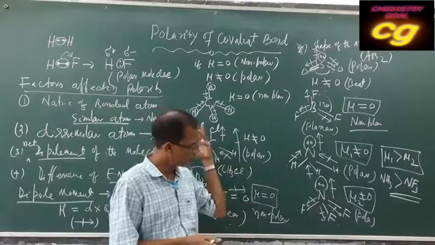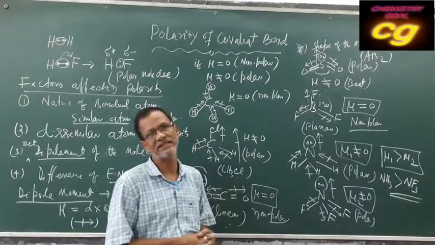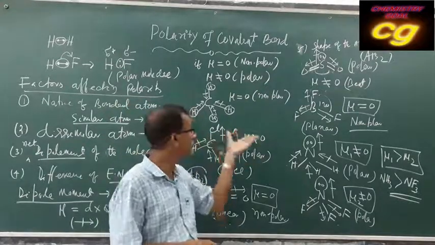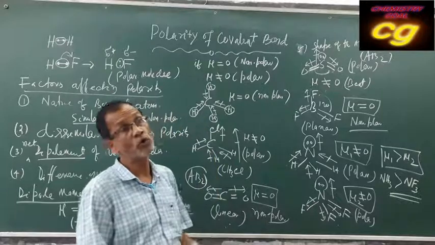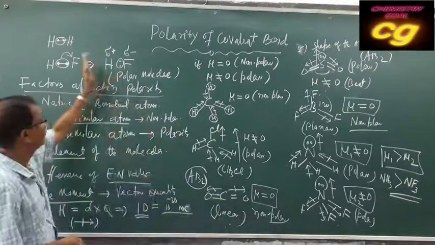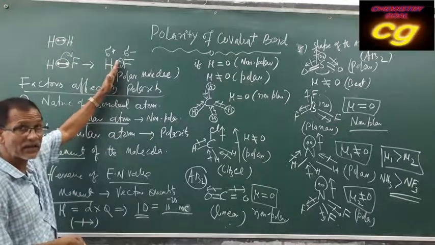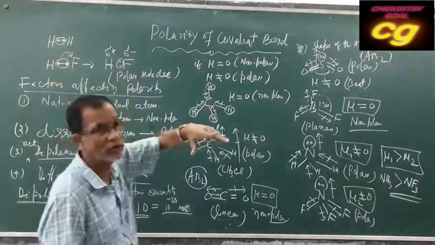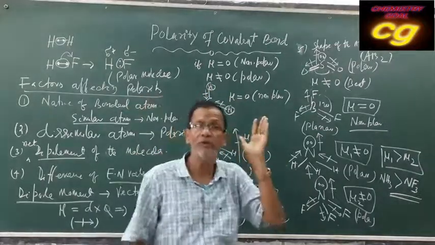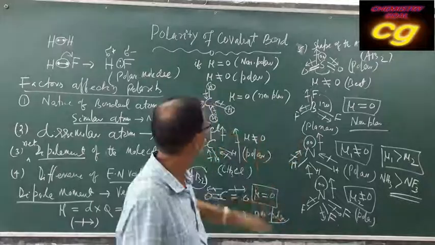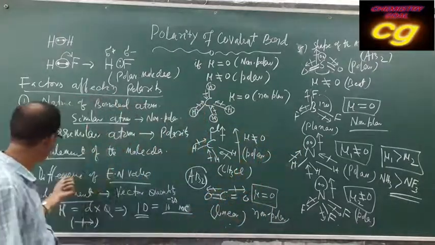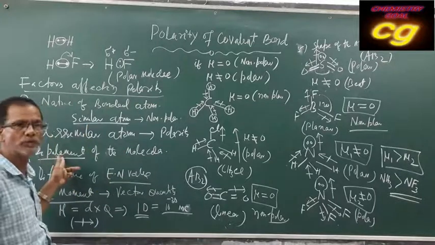So covalent compounds have a directional character. The conclusion we can draw is that covalent bonds have a directional character, like HF, where the shared pair of electrons is shifted towards fluorine. But an ionic bond has no directional character. Directional character means formation of a dipole moment in the molecule.